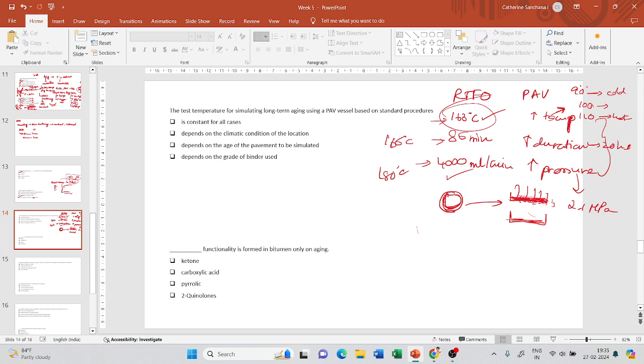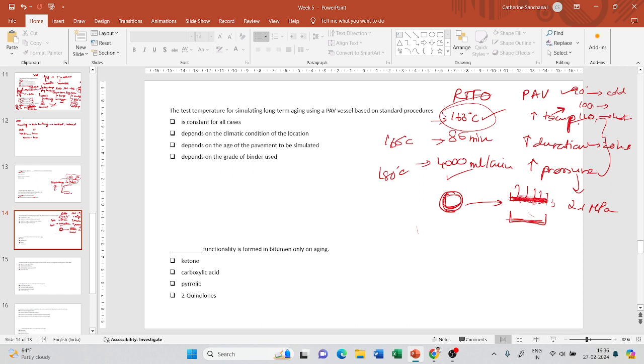Now if you subject two bitumen to long-term aging at two different temperatures, you may not get the same output. The change in the rheological properties need not be the same if you do it at different temperatures. The same bitumen, if you do it at different temperatures, okay. So that has to be noted.